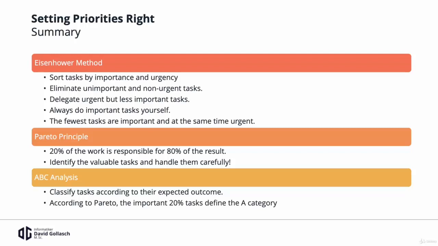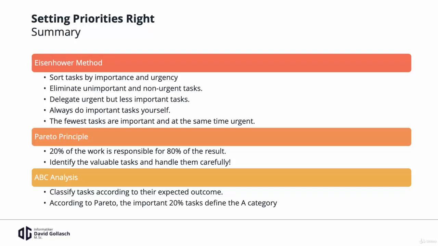But of course, all those important urgent tasks are the ones that you will focus on now, but you have to find ways to automate, for example, or to prepare for the fulfillment of the tasks that are as well important but not urgent at the moment. Keep in mind that only the fewest tasks are important and urgent at the same time. So this group of urgent and important tasks should be pretty small.